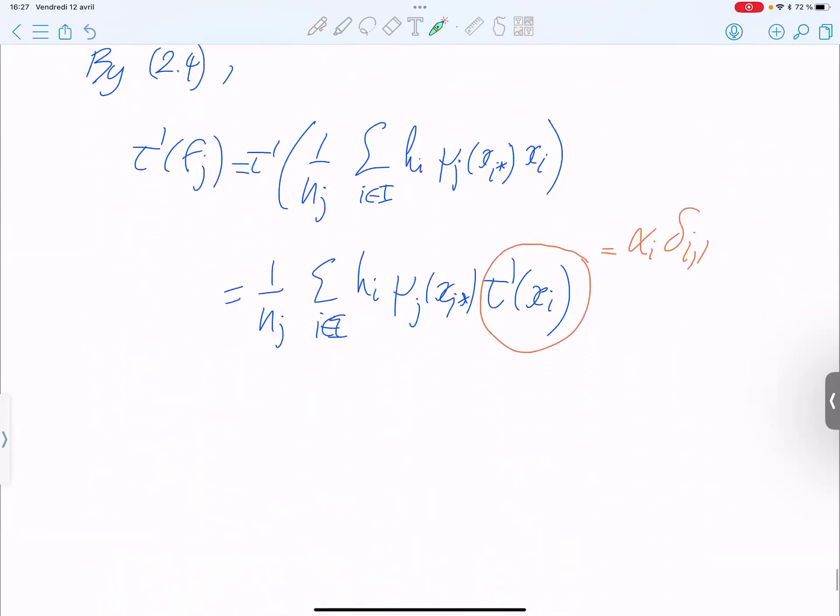So you can just consider the coefficient i equal 1. So it's equal to 1 over n_j h_1 mu_j of h_1 star. So if you just write like that, alpha, no, not this one, alpha 1.